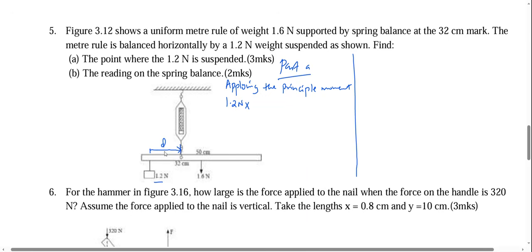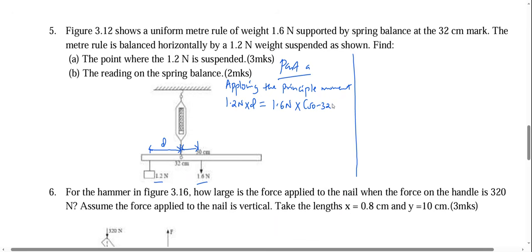I can denote this as D. Therefore, its distance is D, equal to the clockwise moment. And for the case of the clockwise moment, we have 1.6 Newton multiplied by its distance, which is 50 minus 32.